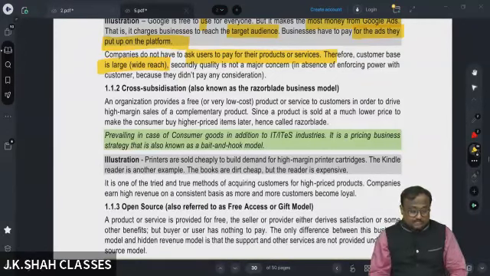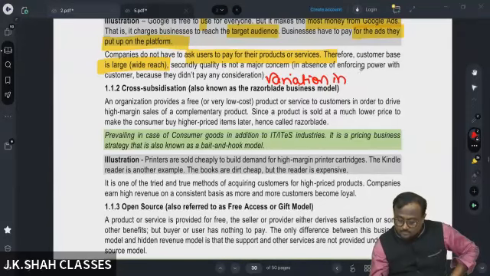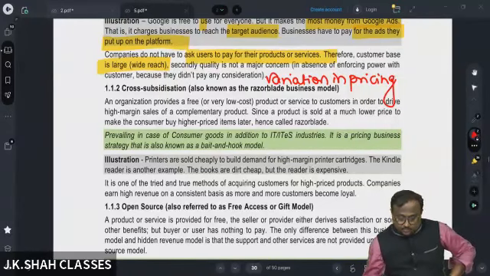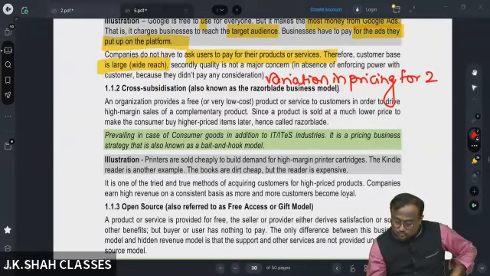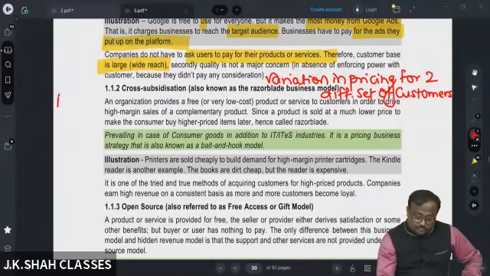Cross subsidization means variation in pricing for two different sets of customers. Variation in pricing for two different sets of customers. I can give you a few examples here.